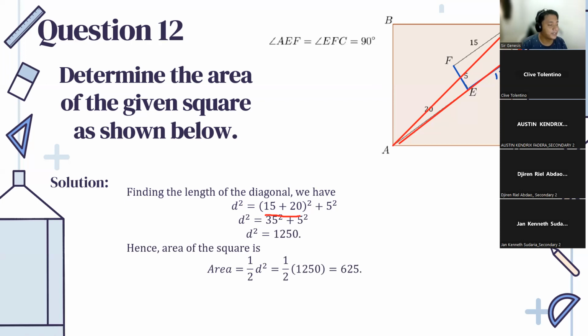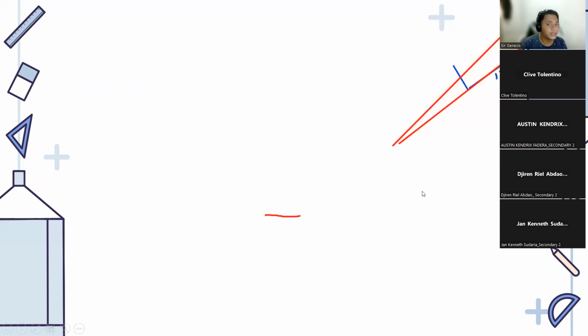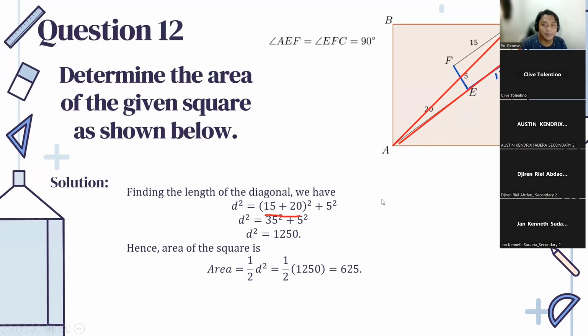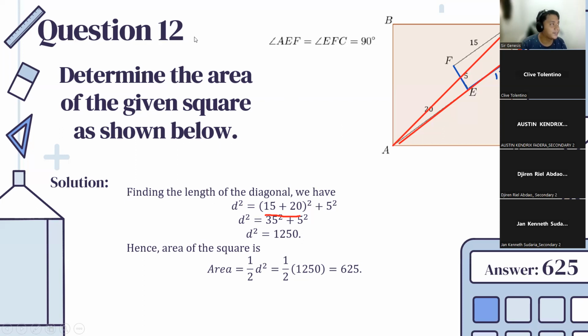So 1/2 d squared will just be equal to 1/2 multiplied to d squared right here, which you solved earlier, which is 1250. That will just be equal to 625. So the answer for number 12 is 625.